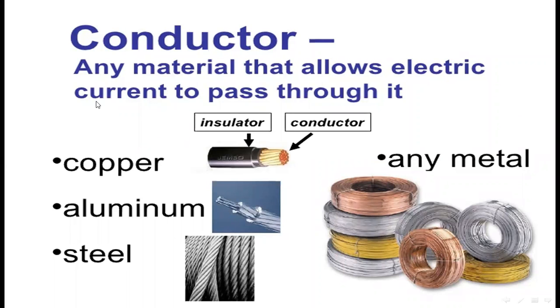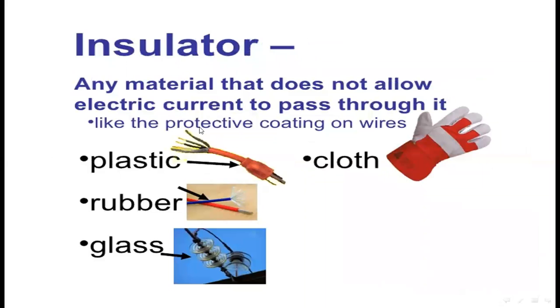What is a conductor? Any material that allows electric current to pass through it is called a conductor, like copper, aluminum, steel, or any metal. Insulator: any material that does not allow electric current to pass through it is called an insulator, like plastic, rubber, glass, cloth.